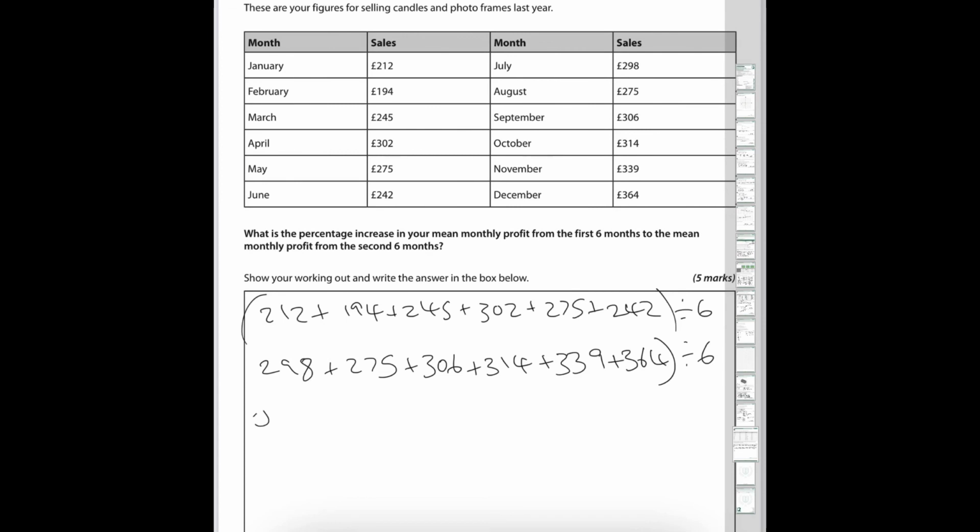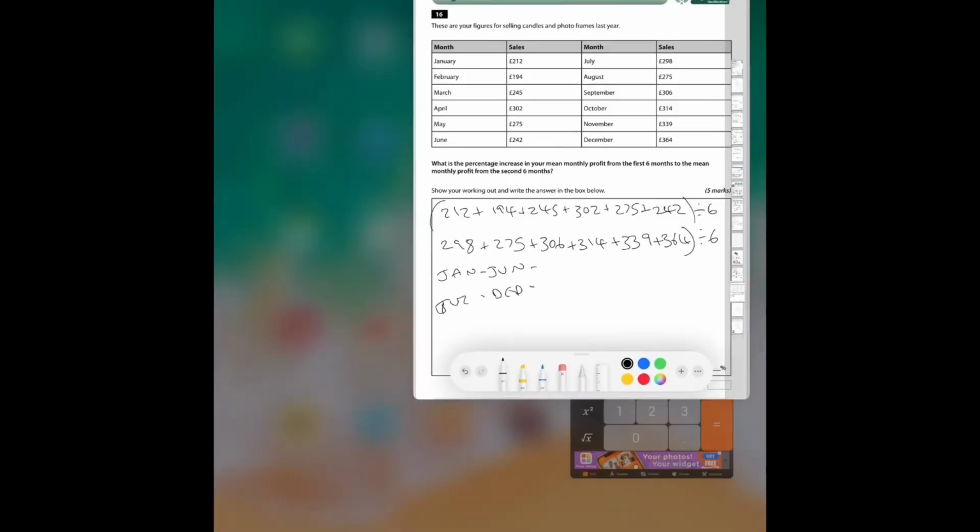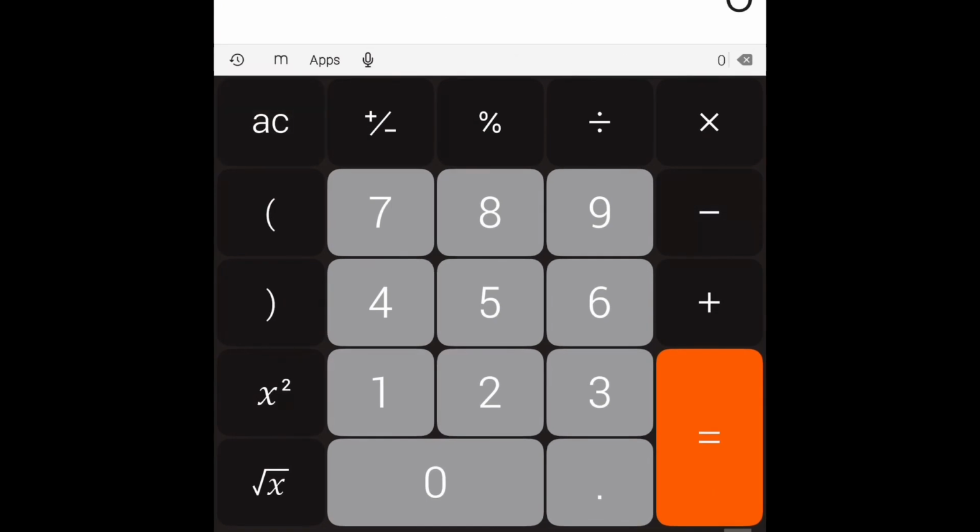So January to June, and then we've got July to December. So let's work out these numbers here. So we've got 212, 194, 245, 302, 275, 242. 1470, divide that by 6 is 245.